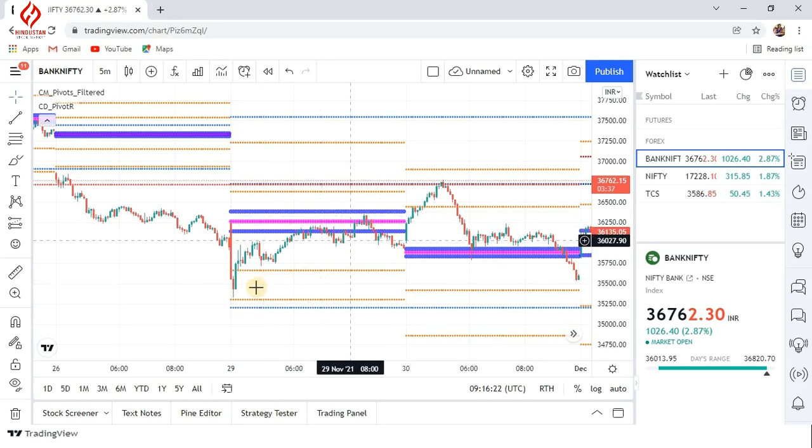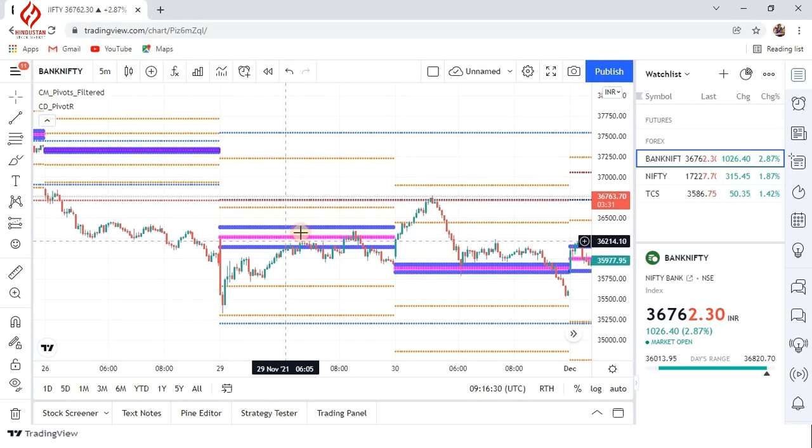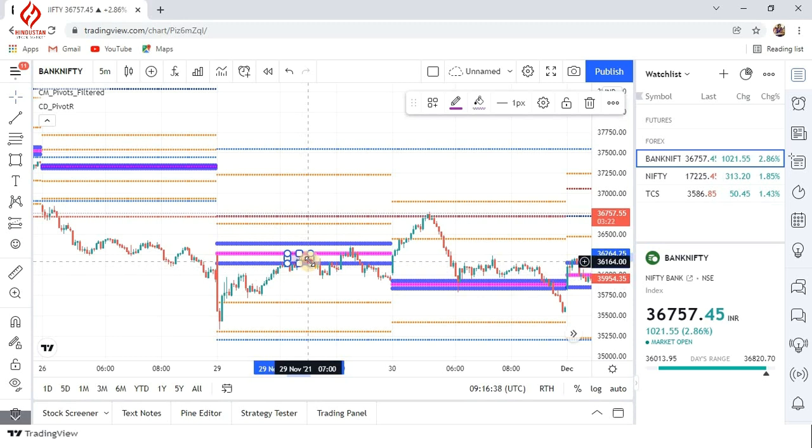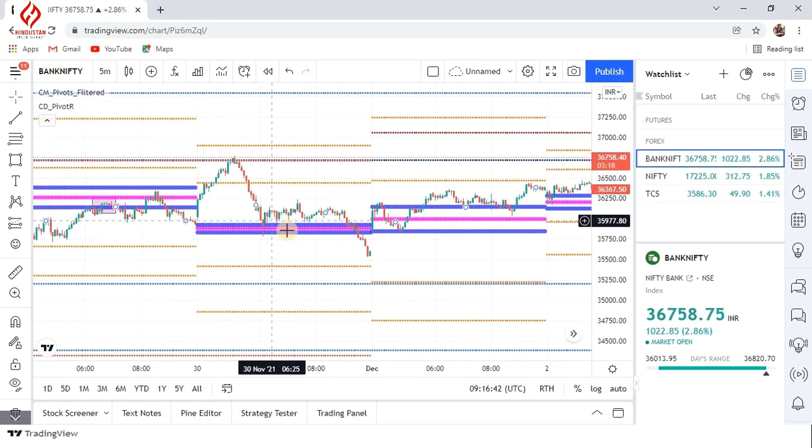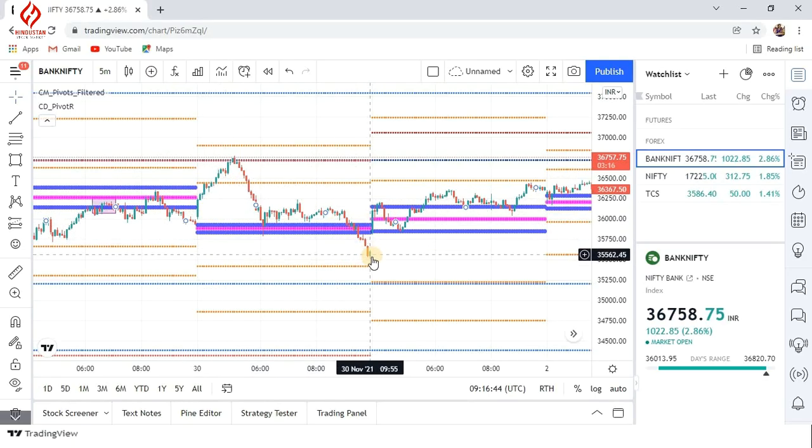So the market stays sideways, and suppose you have taken a long trade here, when price comes near the CPR, this is where you should book your profit, right? And a narrow CPR breaks easily.